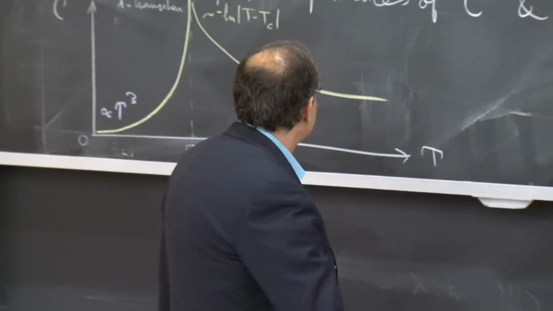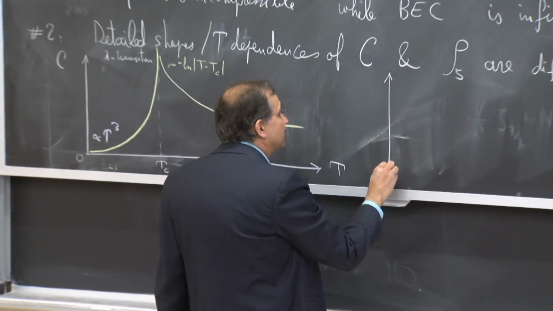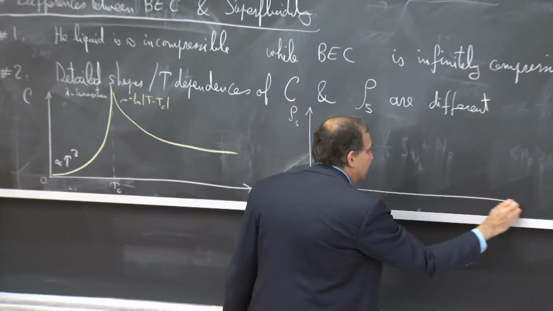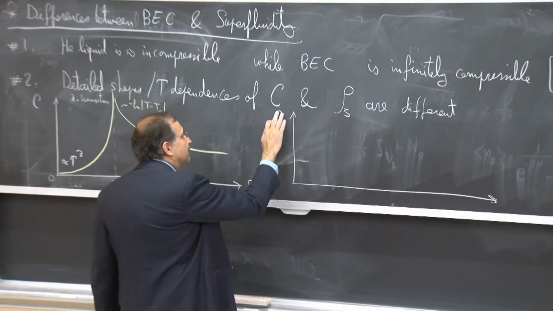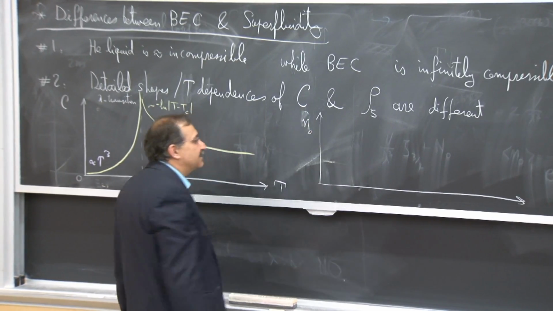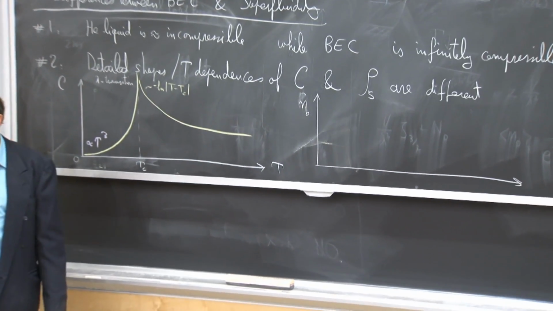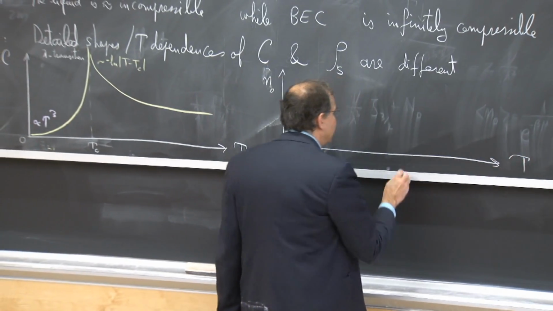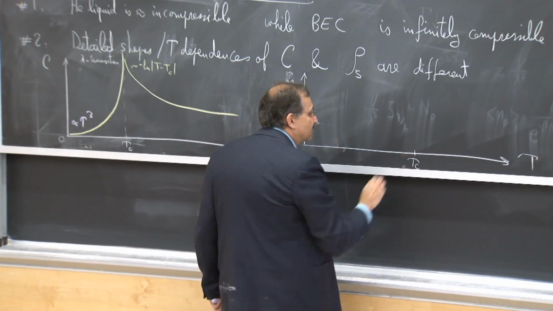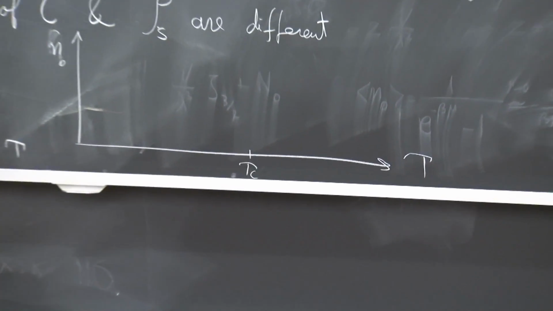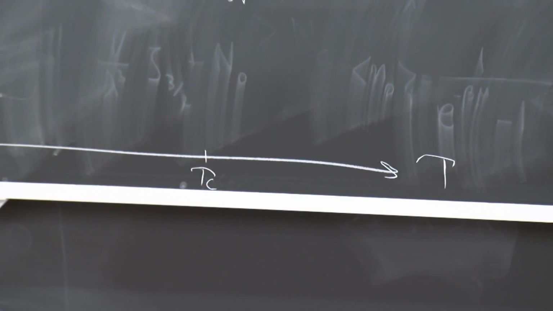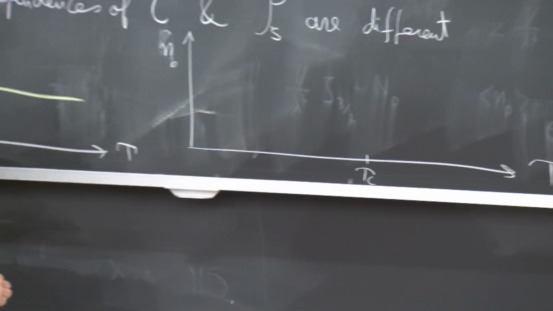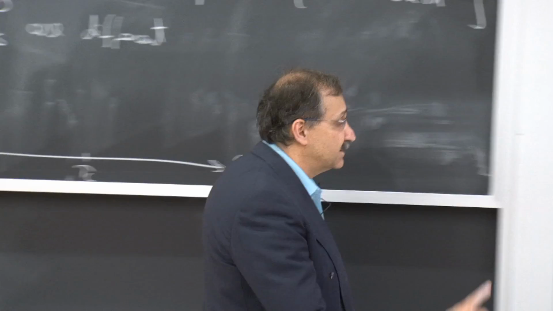The other thing that we had was that if we look at the density that is in the k equals 0 state as a function of temperature, what happens for the Bose-Einstein condensate?